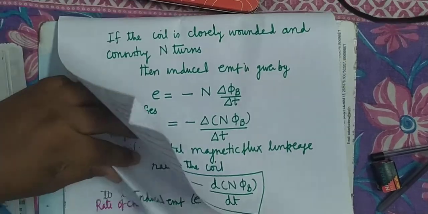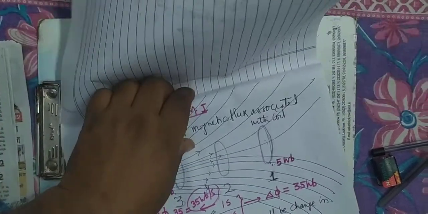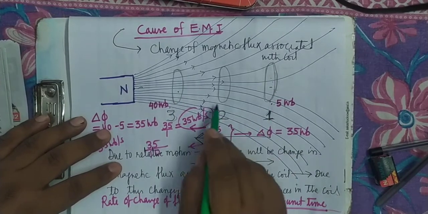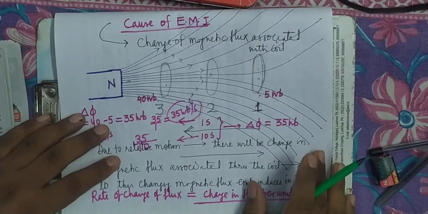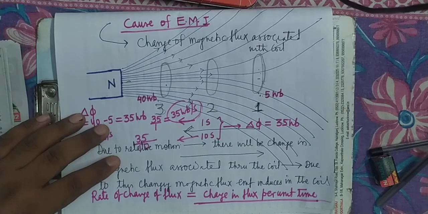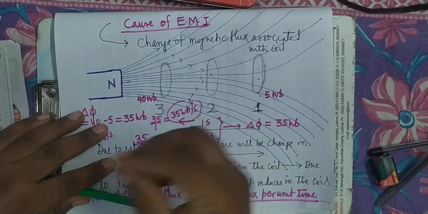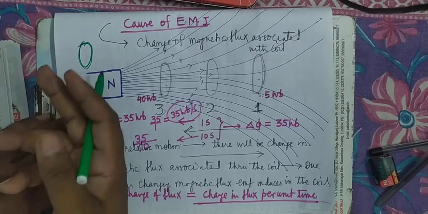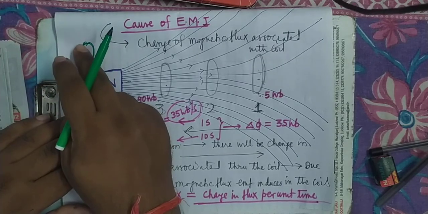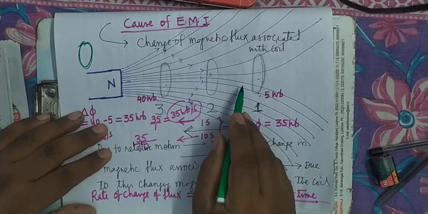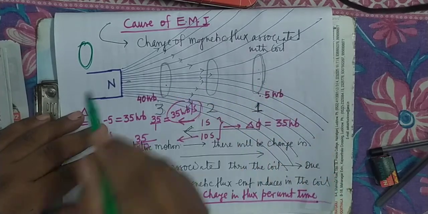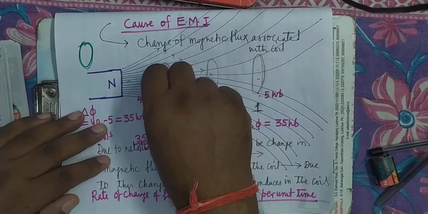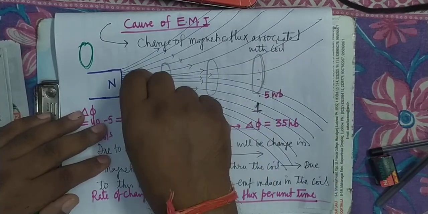Suppose when you bring the coil from here to here, the magnetic flux linkage is increasing.